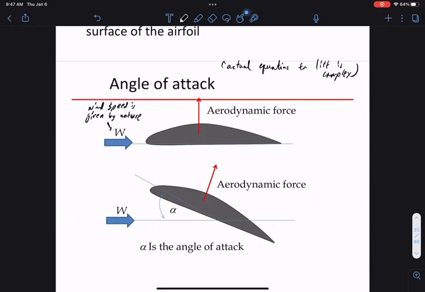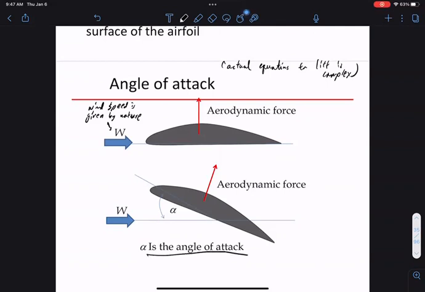We're not going to change the speed of the air that's coming in. Unlike an airplane, where you can decide how fast you go, we don't have this luxury. We're not moving. So the main factor that we can control is something called the angle of attack. This is the main control variable we have to change the amount of lift force on the airfoil.